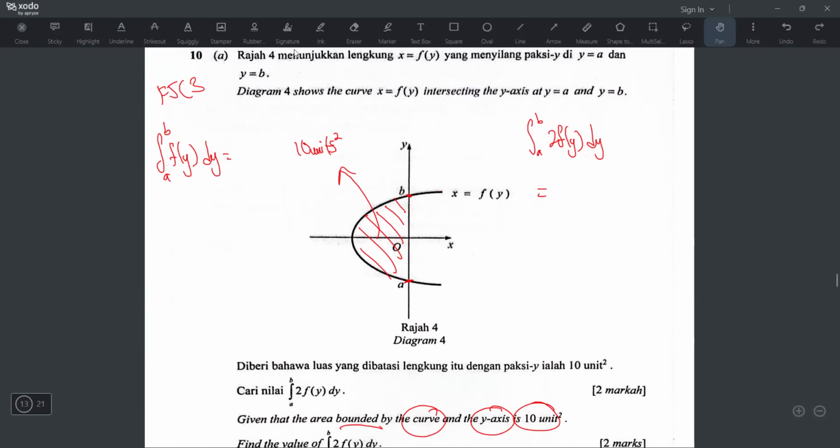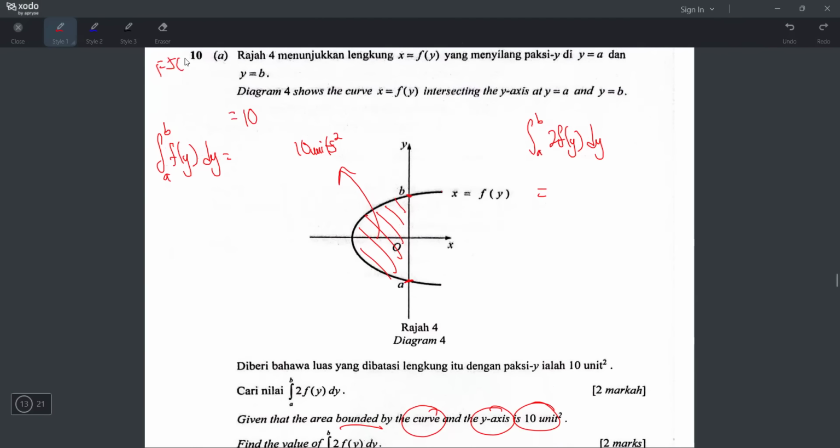That means the 10 actually comes from integrating something. Because 10 is the area of this region, and we all know we can use the integration method to find the area. It will be towards the y-axis because the shaded region is in between the curve and y-axis, from a to b, of f(y) dy, right?